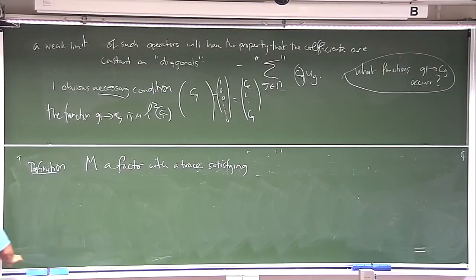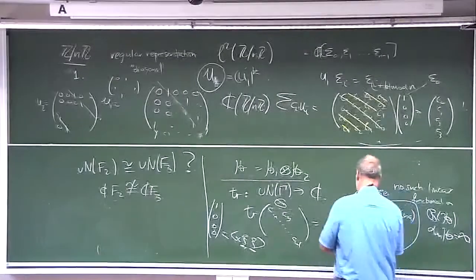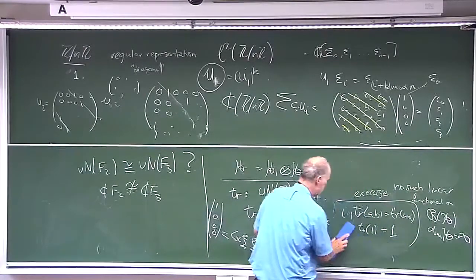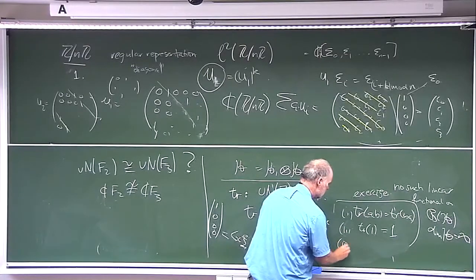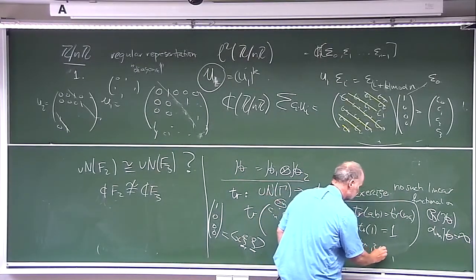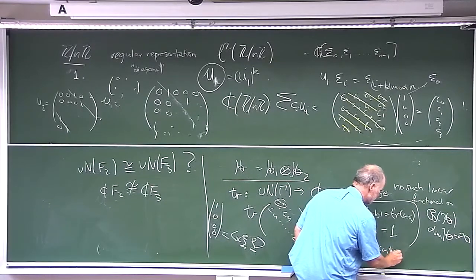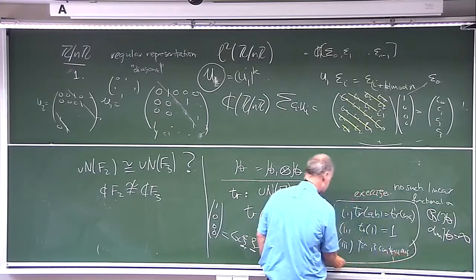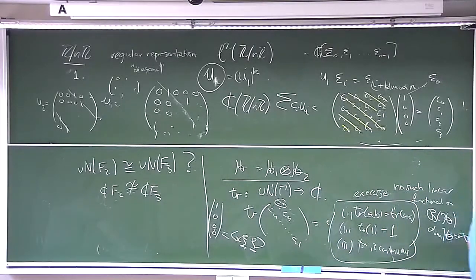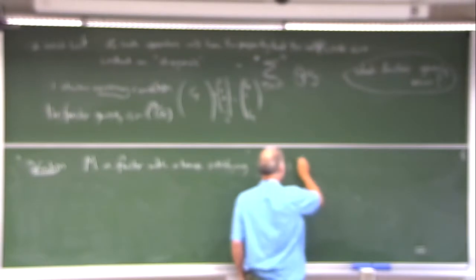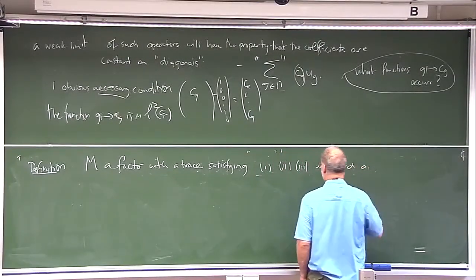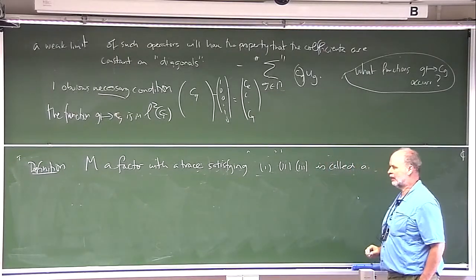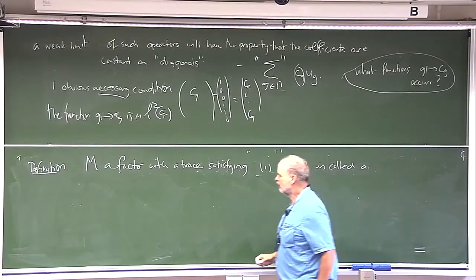I have three of them. I wrote it rather terribly, I'm afraid. Let me try to make this a little bit better: 1, 2, and 3. Satisfying 1, 2, and 3 is called, well, I want to say 2-1 factor, but that's not enough. I need to add infinite dimensional.